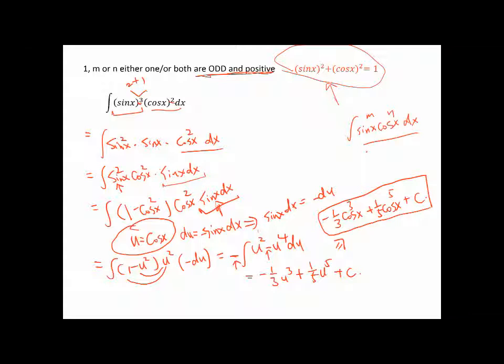I put the sin dx together, which is 1, right? So the left part, the even number, I rewrite with my key formula. Key formula is this. I always use this one. So 1 minus cosine square, and then do substitution. Okay.